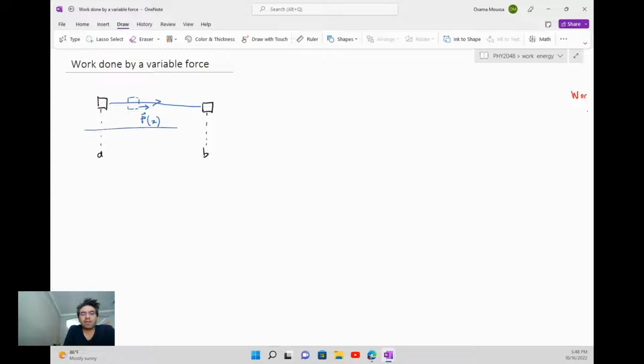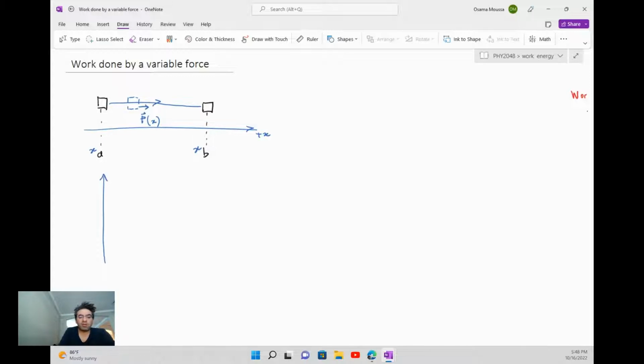So if I call this my x-axis, then at this location, this is my x_a, and at this location, the value of x is x_b, and the force varies depending on x, and I want to find the work done by the force.